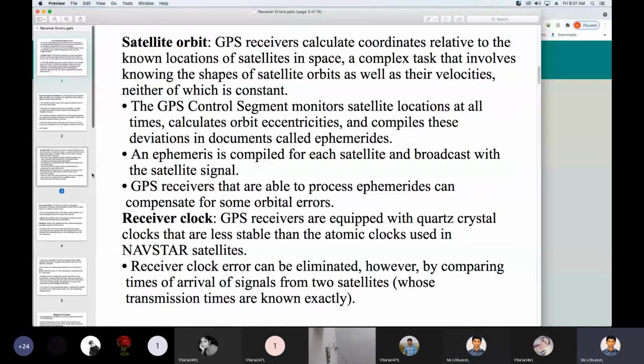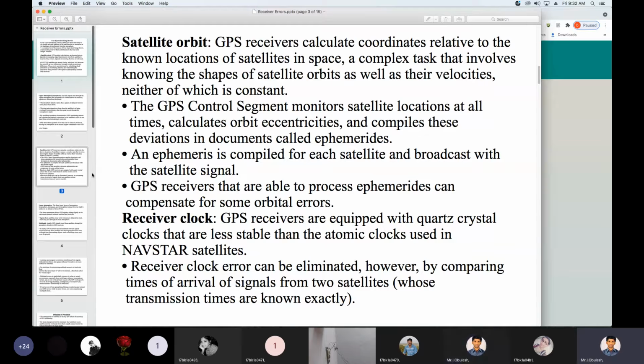The GPS control segment monitors satellite locations at all times, calculates orbit eccentricities, and compiles these deviations in documents called ephemerides.